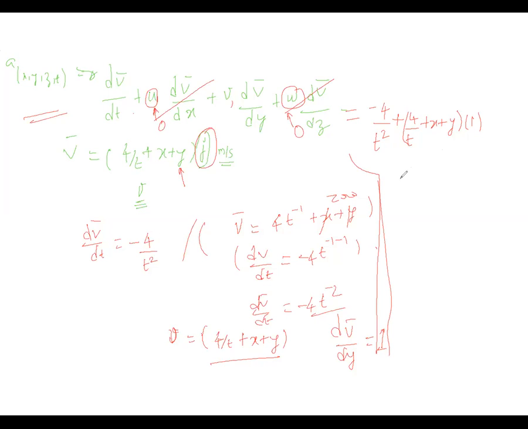So you get minus 4 by t square; the same thing will come because the multiplication is 1. There is no subtraction or adding because everything is in unique algebraic terms.